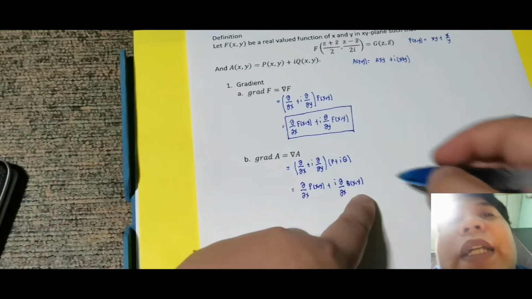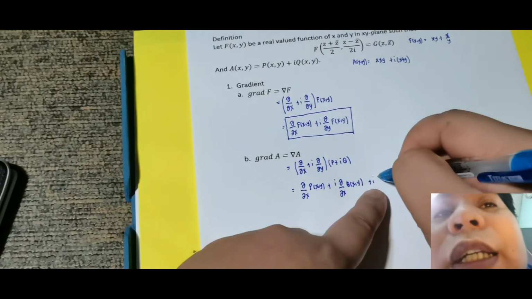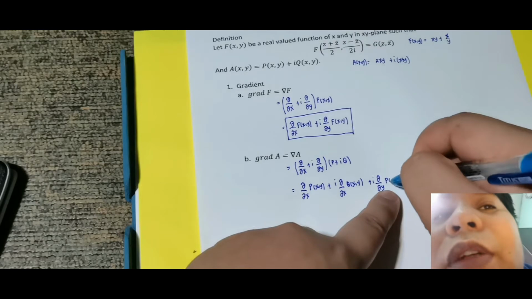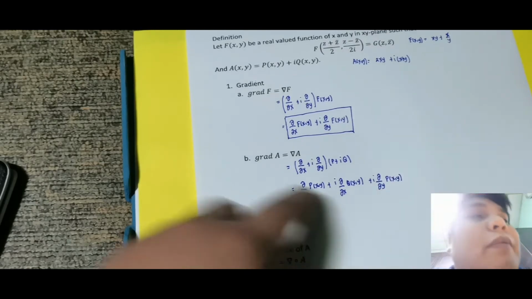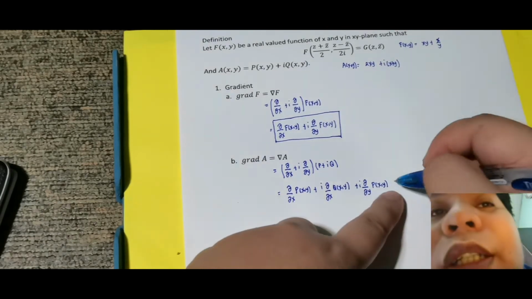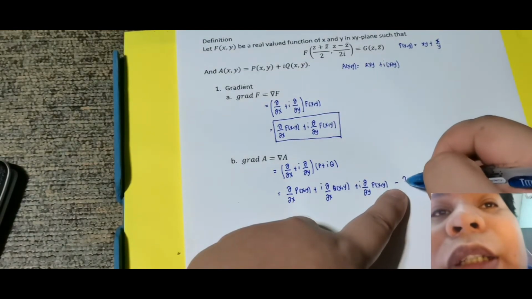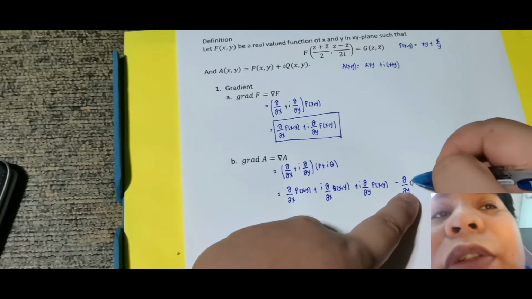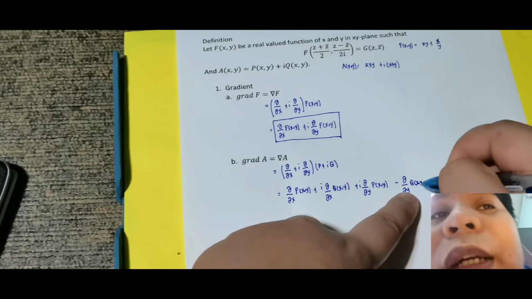Next is ito ay may plus i partial derivative with respect sa y nung p of x, y. Okay, next is i times i, that is negative 1. So, this is minus partial derivative with respect sa y ng q of x, y.